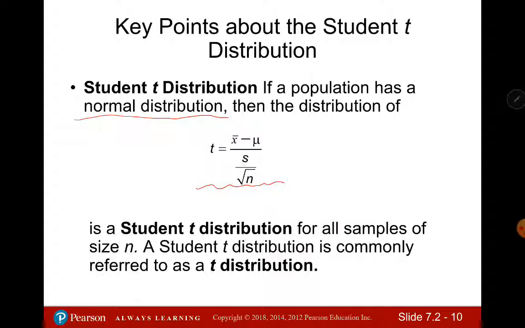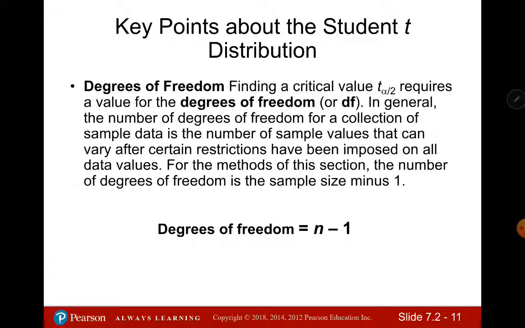It's s, from the sample, because we do not know the value of sigma, so we use s, the sample standard deviation. So the denominator will be s divided by square root of n. That's the distribution of student t.